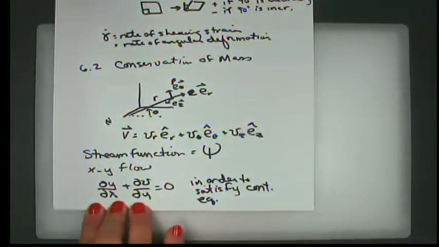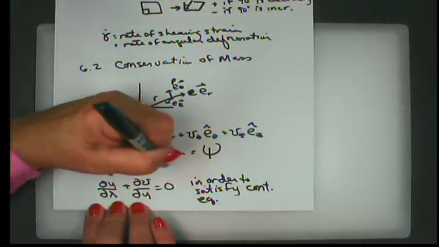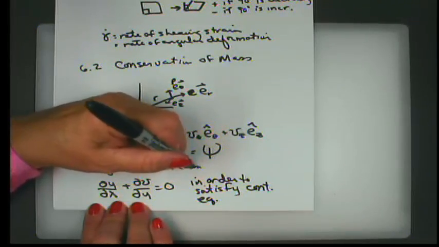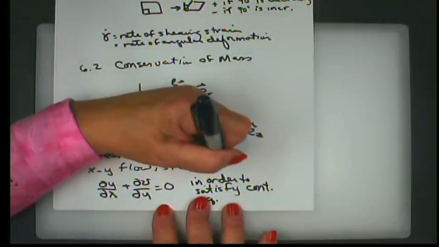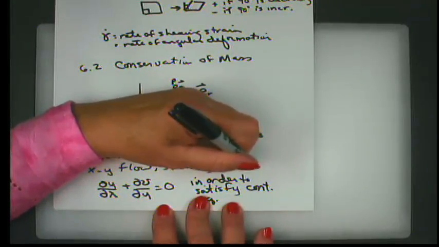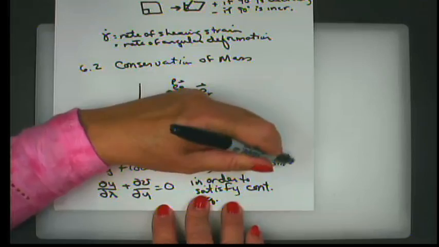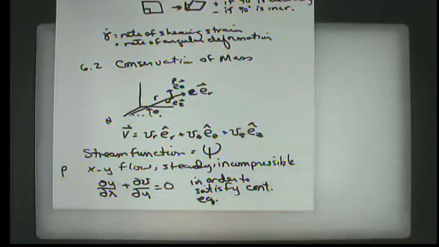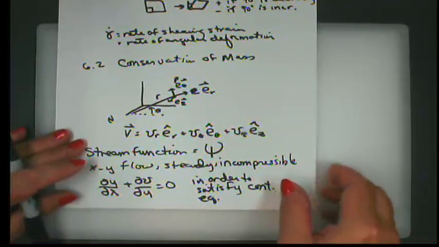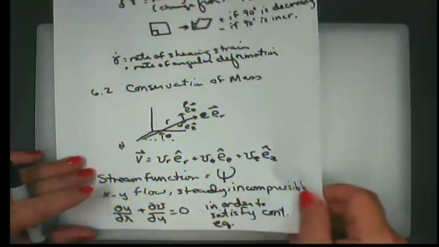We're talking about xy flow, steady, so we're getting rid of the ddt terms, and also incompressible. So that makes our rho terms constant, and they fall out of the equation. So this is a very specific case. We have 2D flow that is steady and incompressible, and in that case, in order to satisfy the continuity equation, del u del x plus del v del y has to be equal to 0.